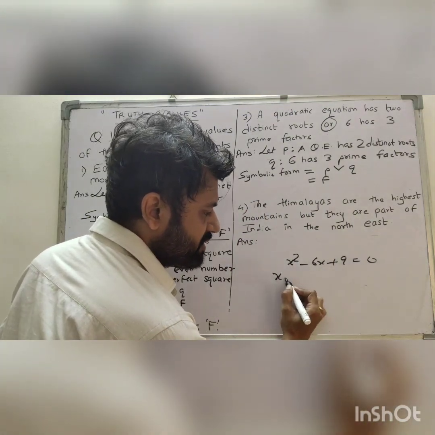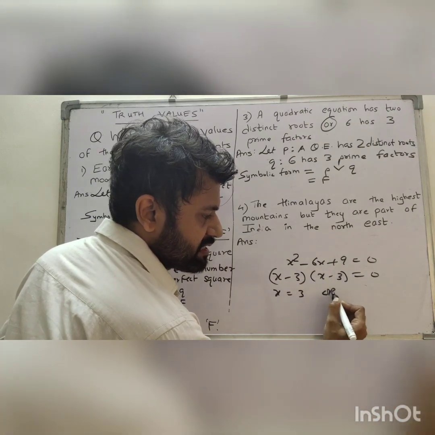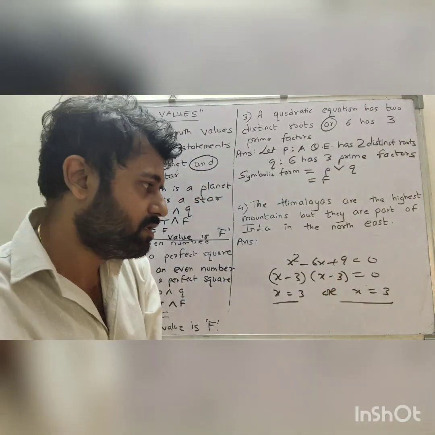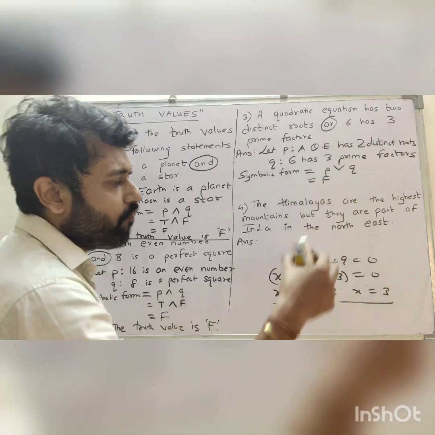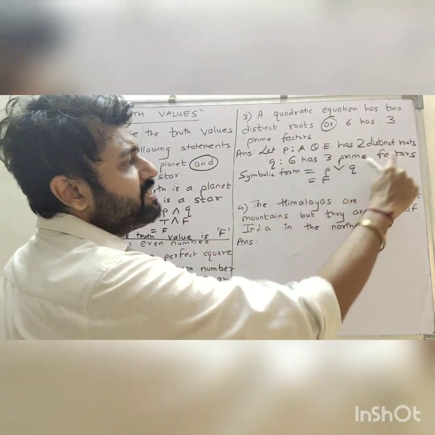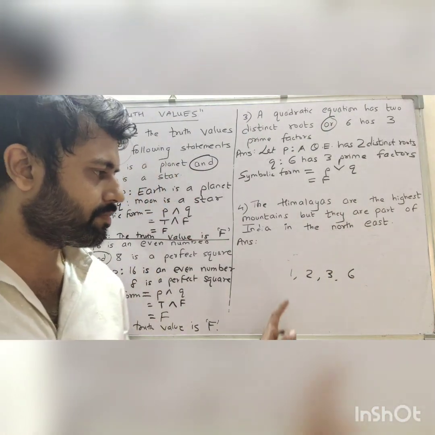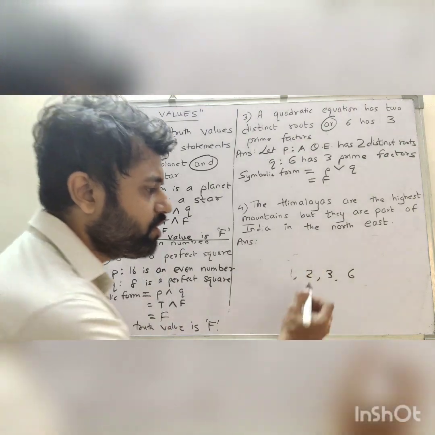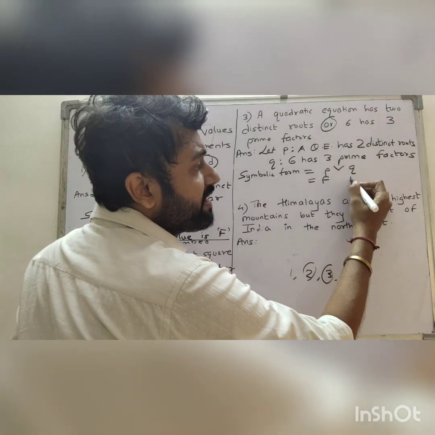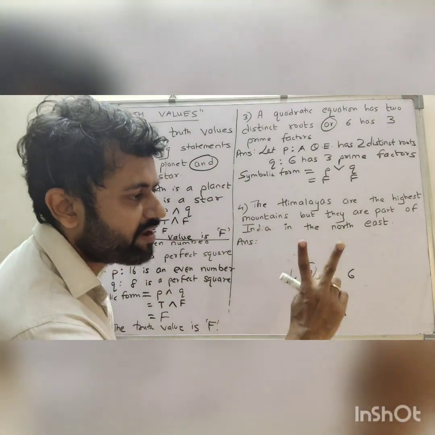If you solve this equation, you get two factors, and your answer is same roots. So this is a false statement. Factors of 6 are 1, 2, 3 and 6, of which 2 and 3 are prime factors. 6 has 3 prime factors, it's a false statement. 6 has only 2 prime factors.